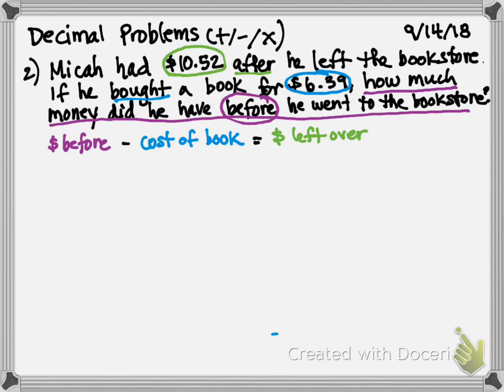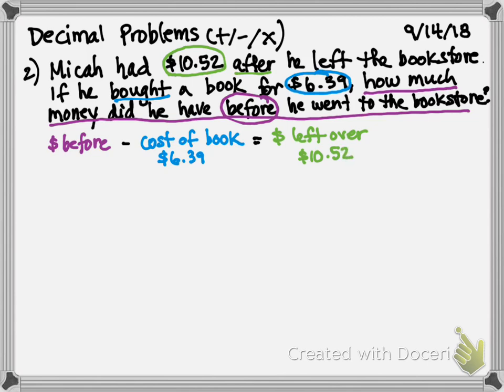Okay. Now, what I noticed in this problem is that there are 2 numbers we can substitute in. For the cost of the book, it says that it was $6.39. How much money did he have left over after buying that book? He had $10.52.